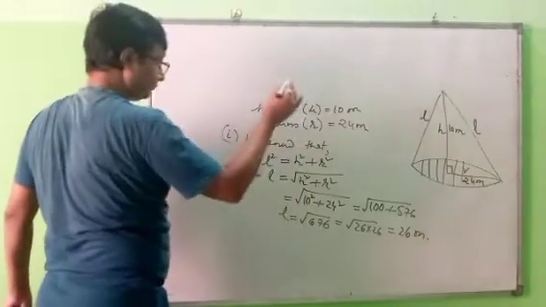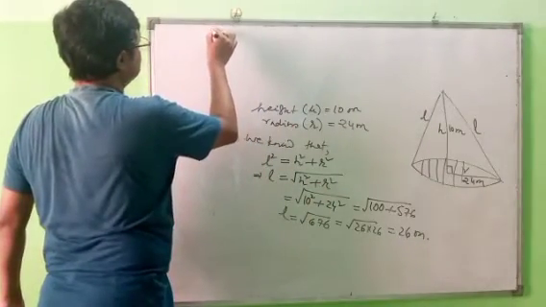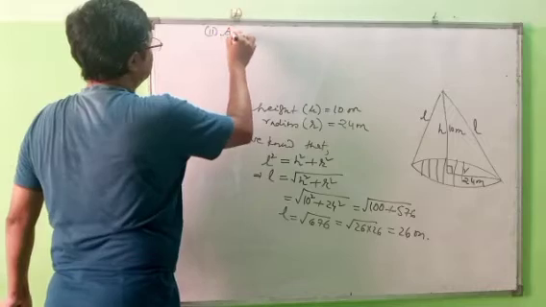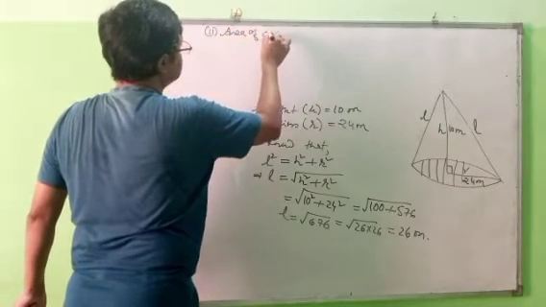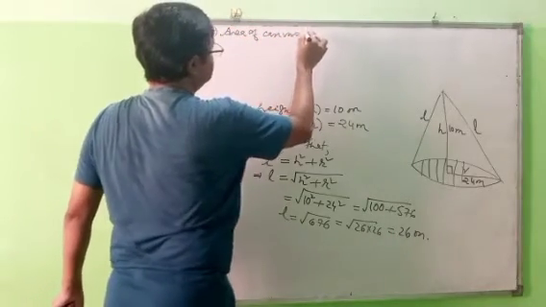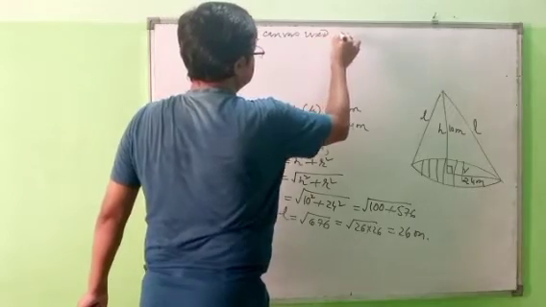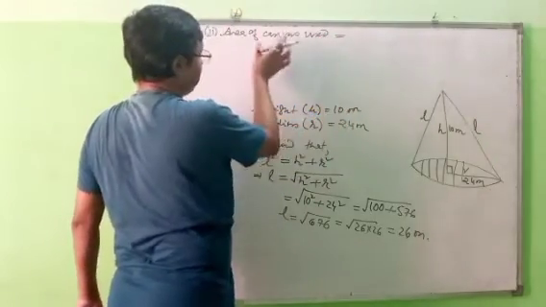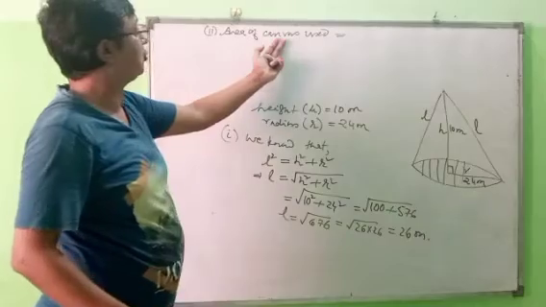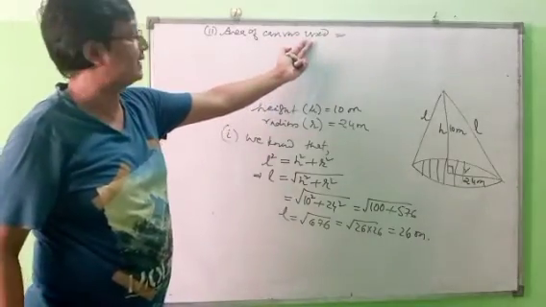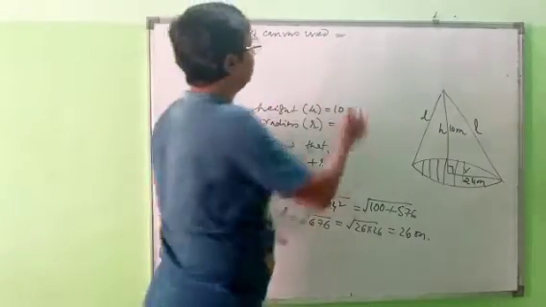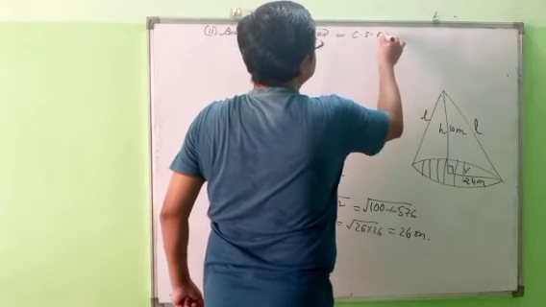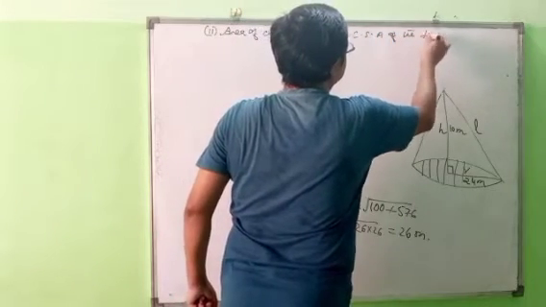Now, number 2, area of canvas used equals, that means how much area of canvas cloth is used in making this tent. That will be equal to the curved surface area of the tent.